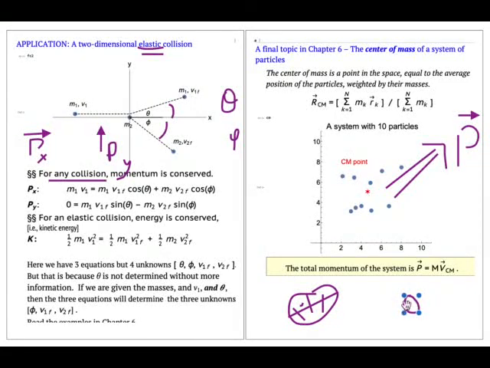Where's the center of mass? Well, if the mass density is uniform, then the center of mass is just at the center of the sphere. So when we come to talk about the motion of planets, when we say we're following the motion of a planet, what we really mean is we're following the motion of its center of mass point.